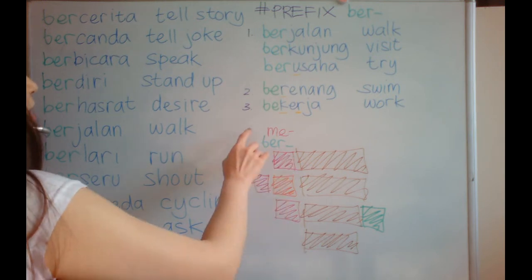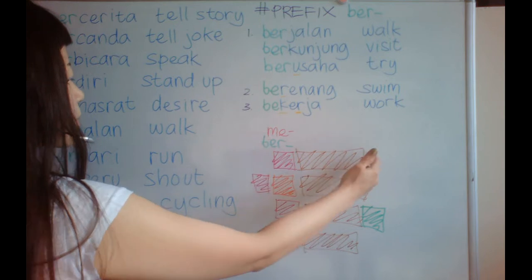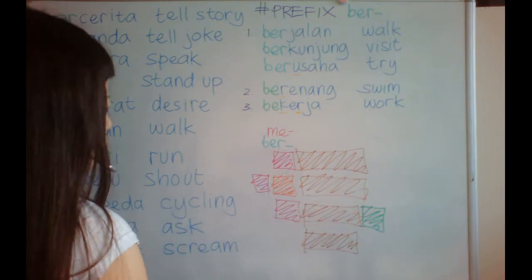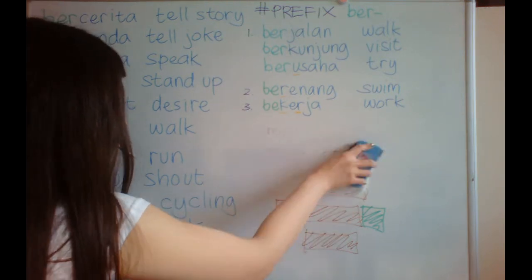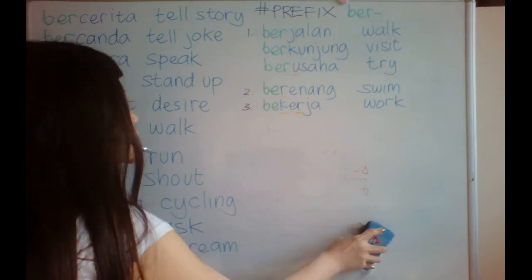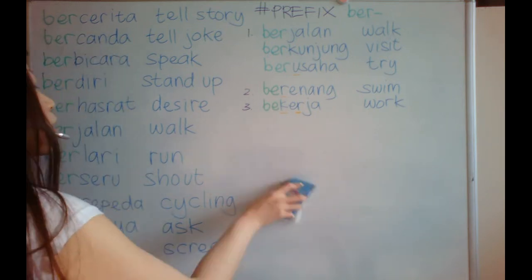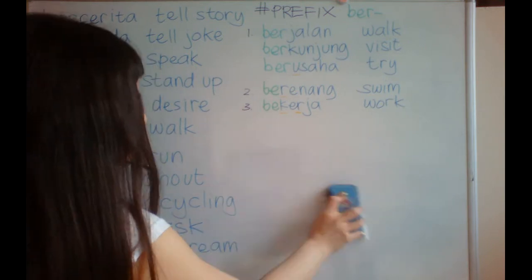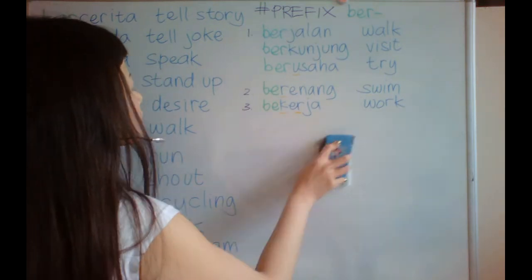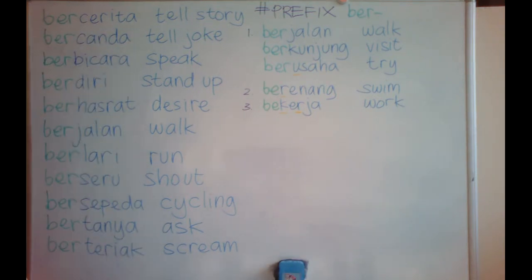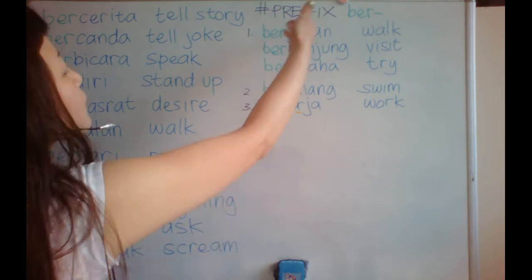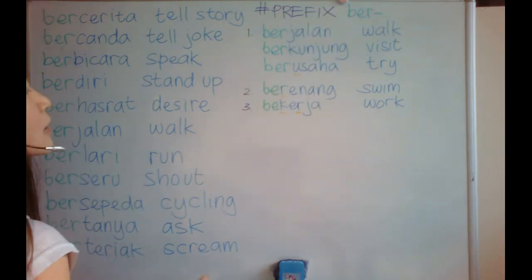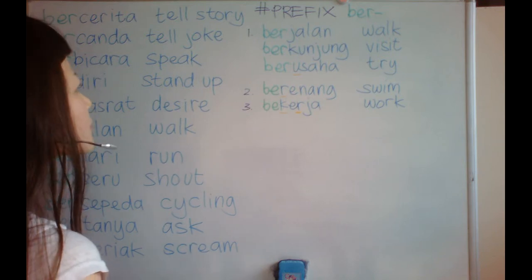We will just learn about this ber in this video. You can open the previous videos about the base word, and you can learn also how to put these words in the sentence, or the grammar, syntax. I will put all links below in the description box. Now we will learn that the prefix ber has 3 rules.